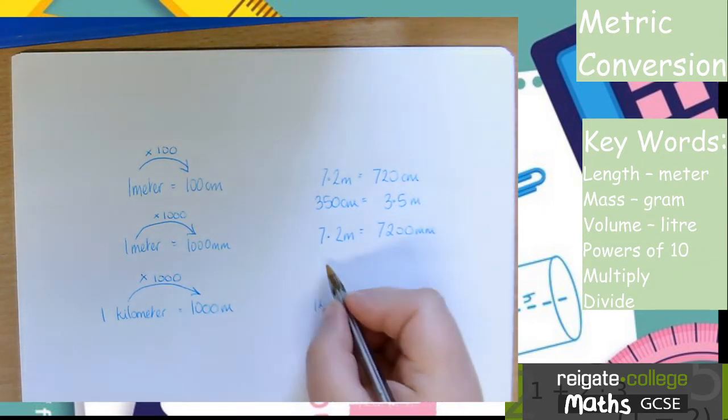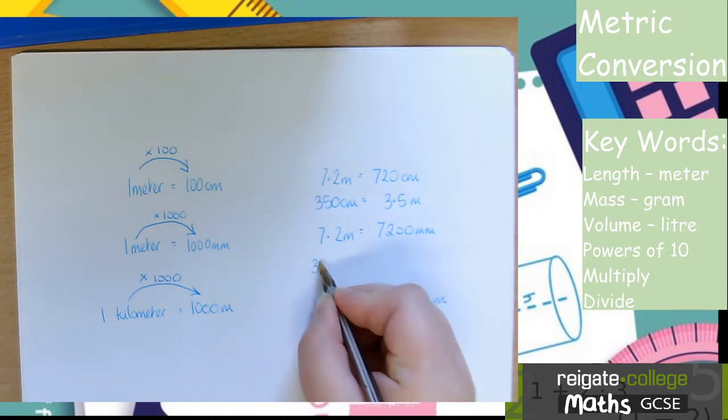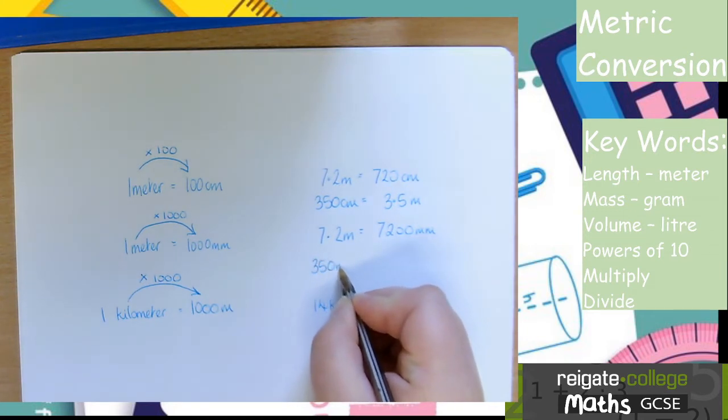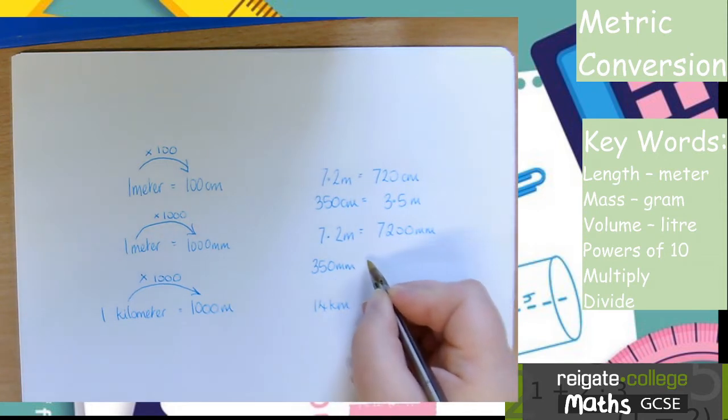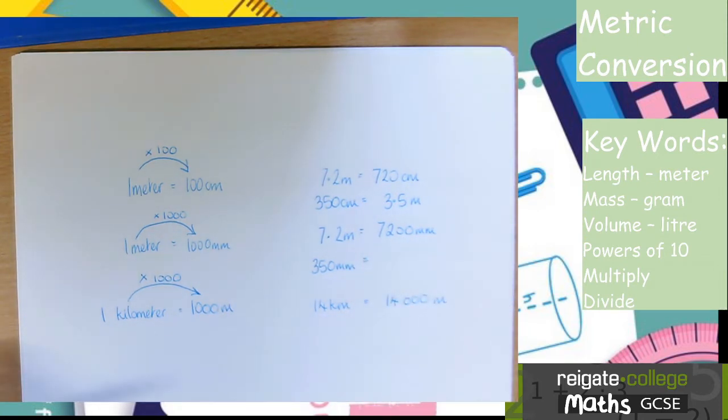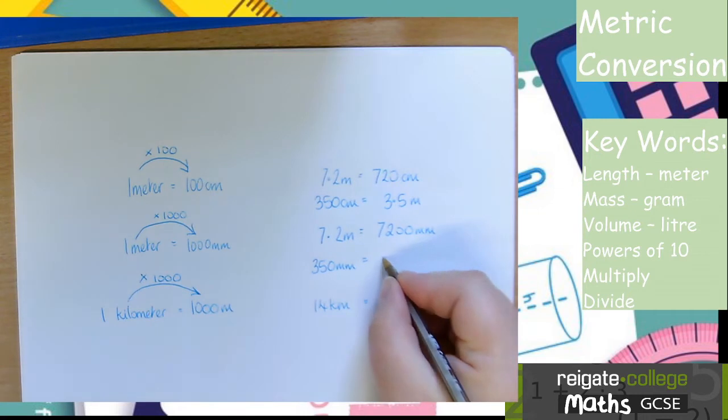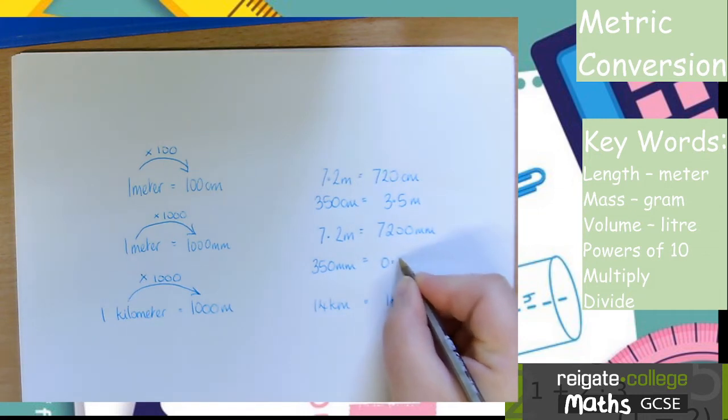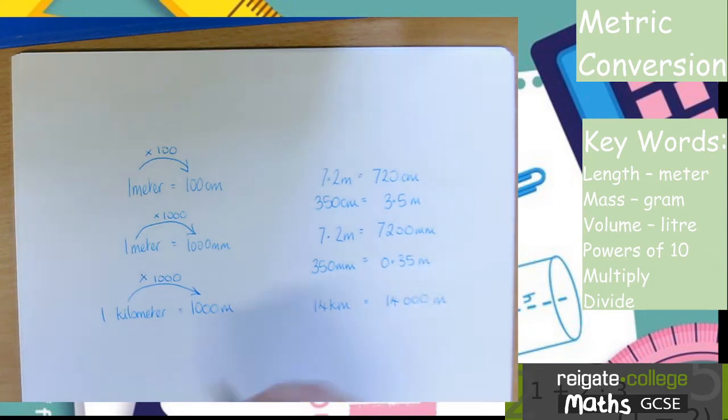If I had 350 millimetres, however, and I wanted to convert them to metres, I would divide by 1,000. So 350 millimetres is the same as 0.35 metres.